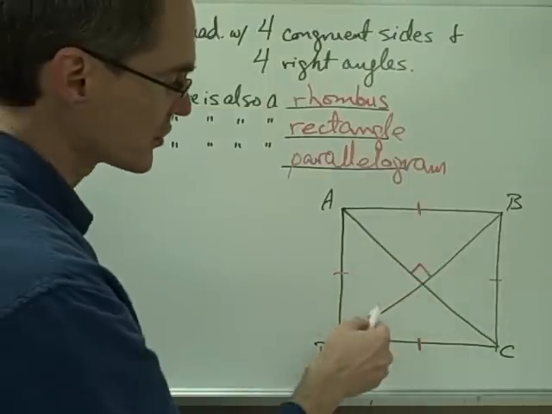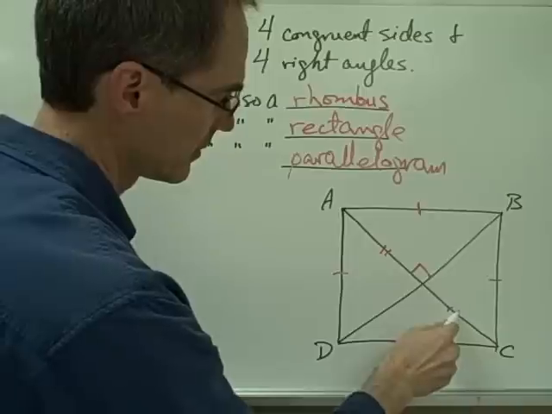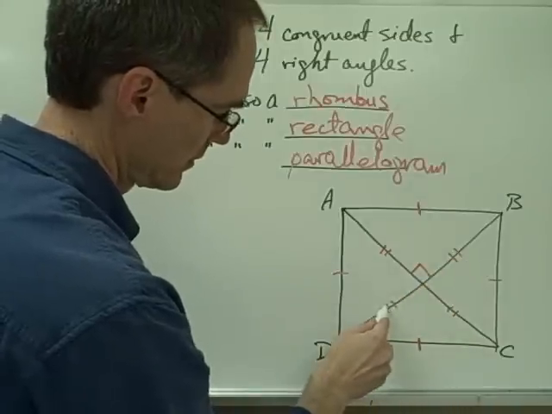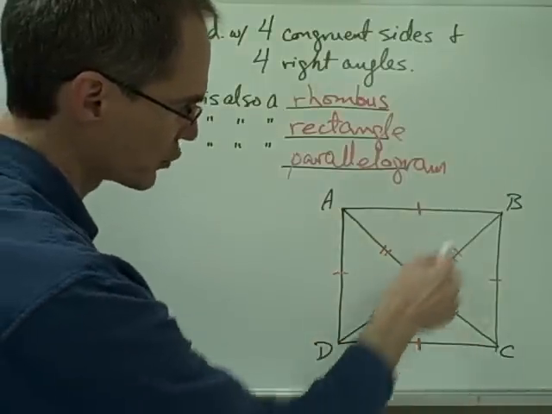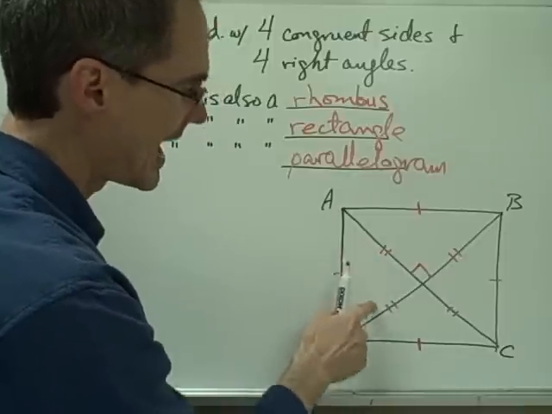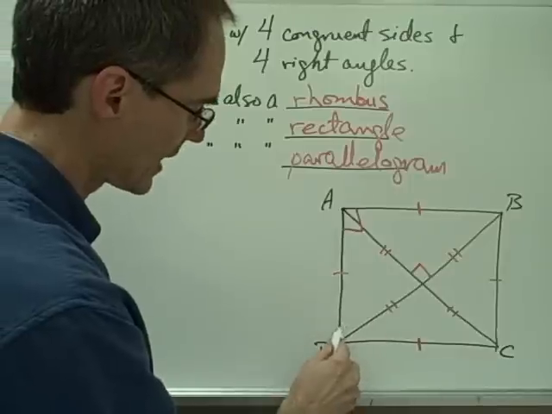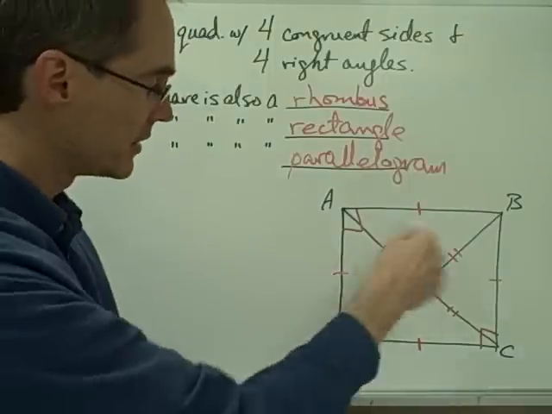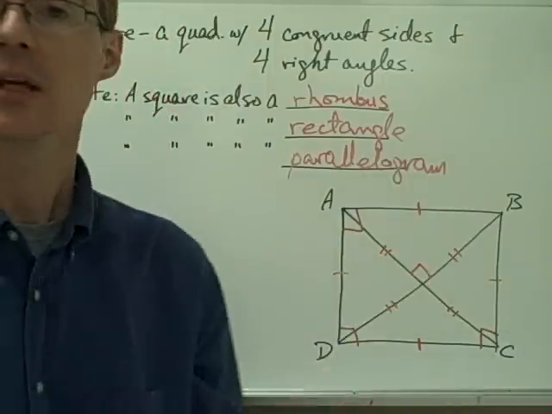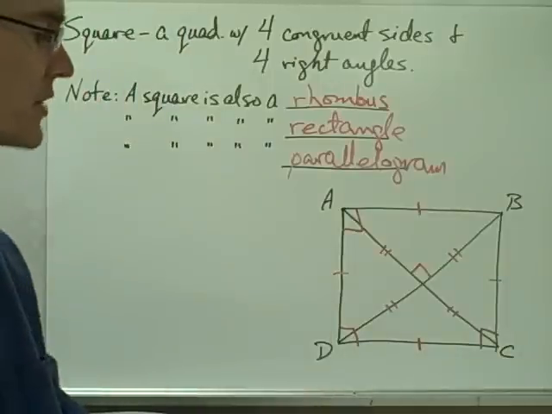They also bisect each other, which means that these are all congruent, which means that each one of these 4 small triangles you have here are isosceles triangles, and you also have right angles here in each corner. You know a lot about the different shapes here in this square. So you should be able to work out those examples on your own.